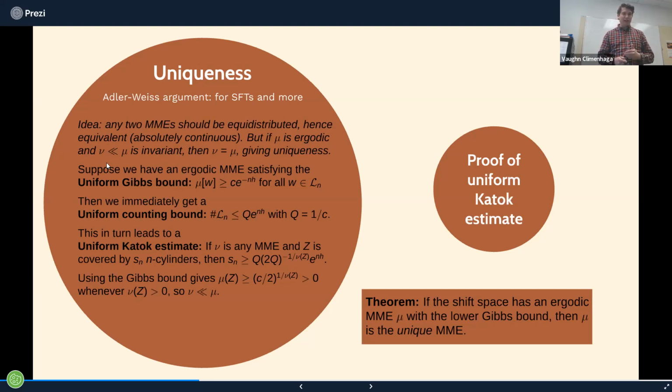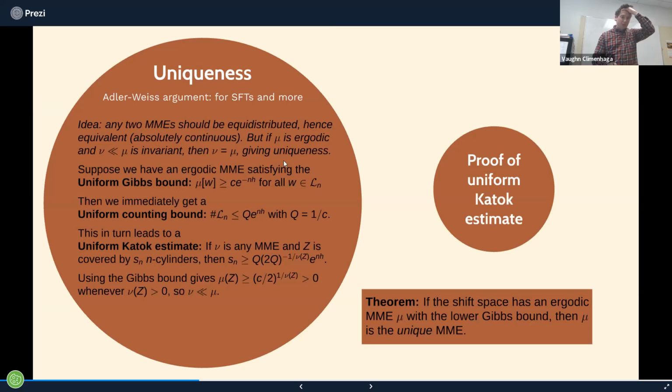If you have an invariant measure absolutely continuous with respect to mu, then you look at the Radon-Nikodym derivative. That ends up being an invariant function, which by ergodicity must be constant almost everywhere. Therefore, the measures have to be the same. And that reduces the proof of uniqueness to checking this absolute continuity. So the goal now is absolute continuity.